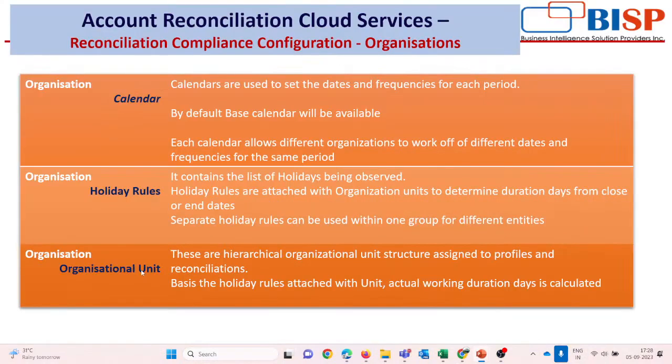Then comes the organizational unit. So what are these organizational units basically? It is a hierarchy of the organization. So it's a hierarchical organizational structure assigned to profiles and reconciliations. So basis the holiday rules attached with the unit, the actual working duration day is calculated.